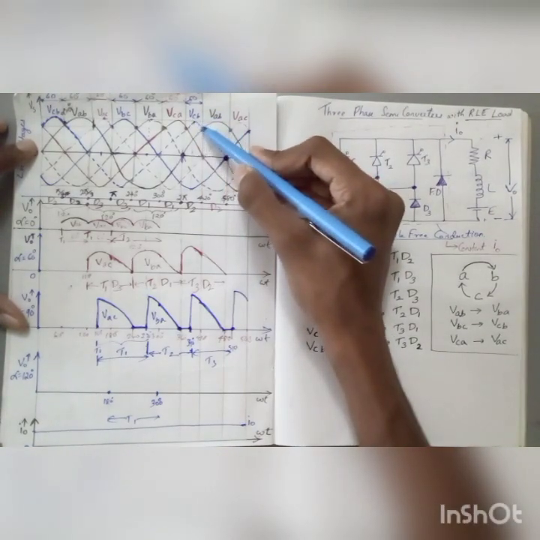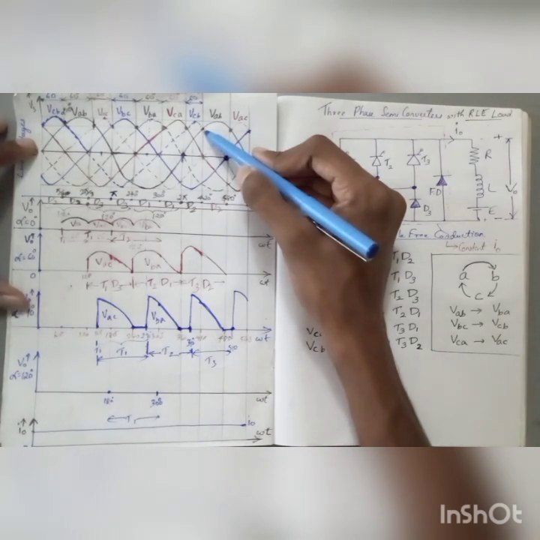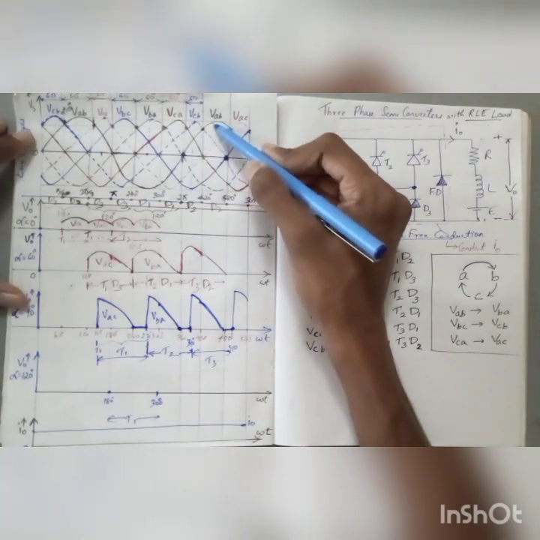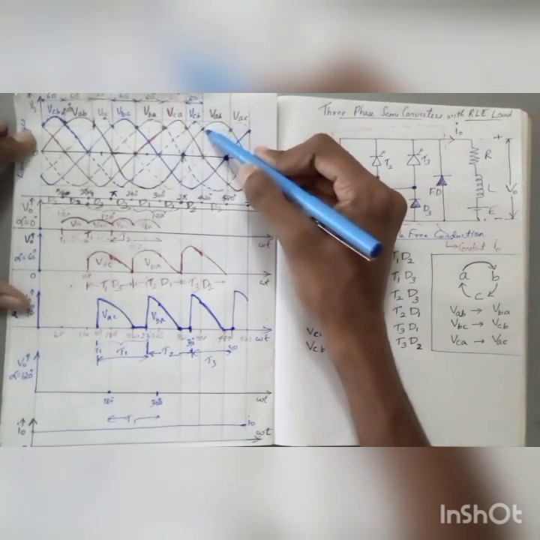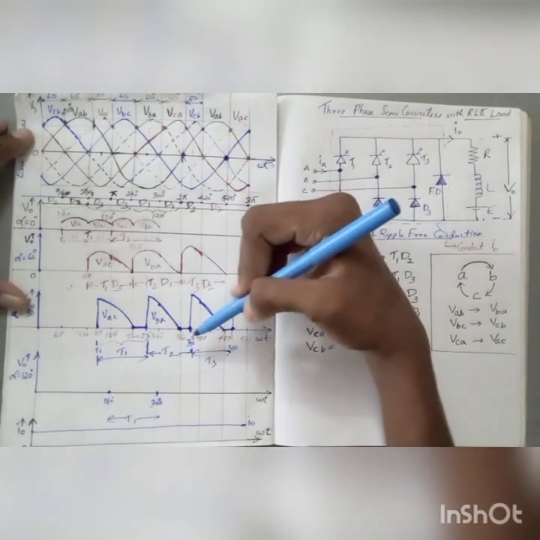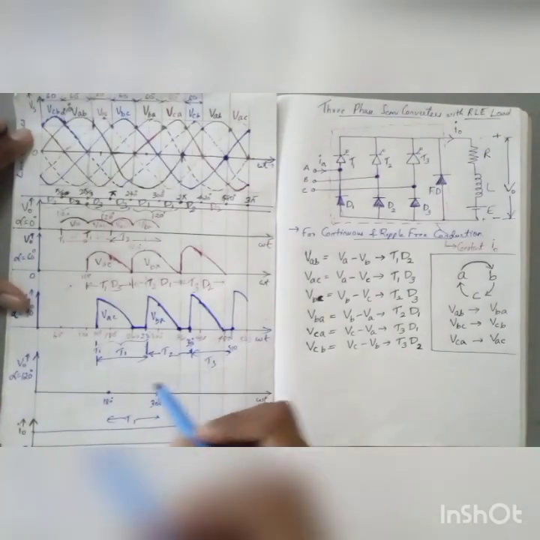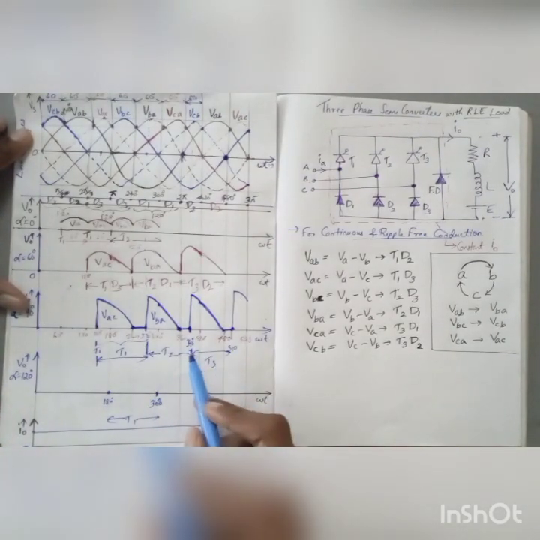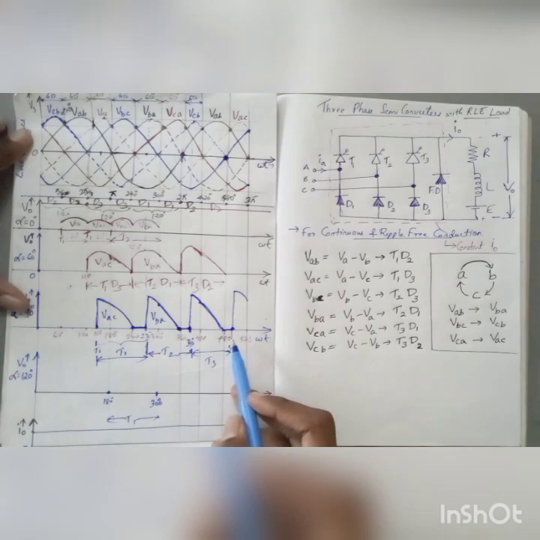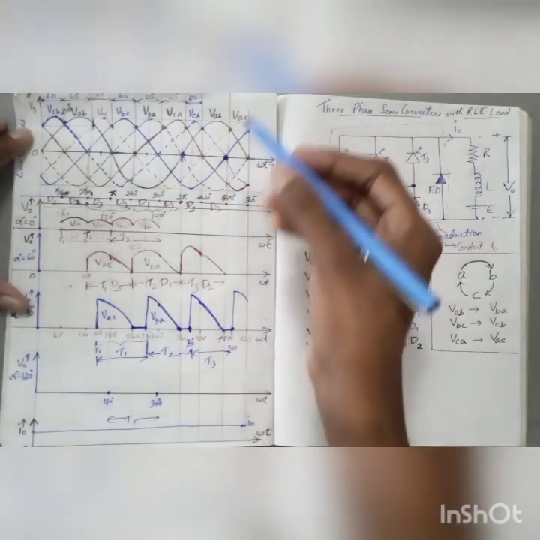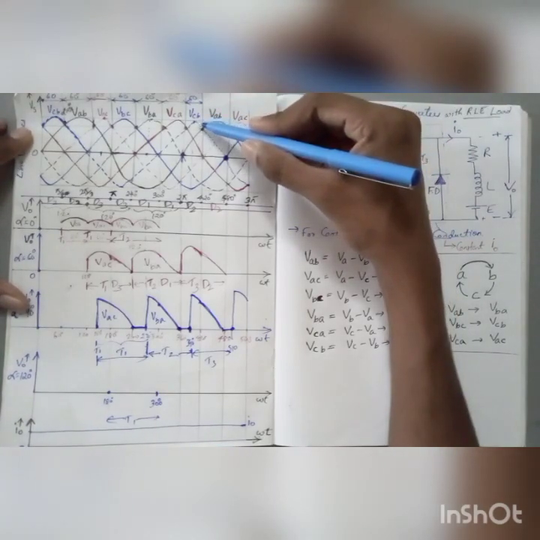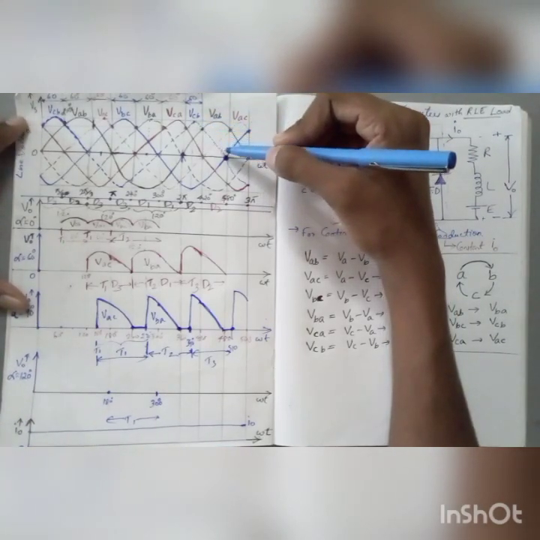VCB will appear up to 480 degrees. Beyond that, VAB has become greater than VCB, but T3 has just started conduction and will continue for 120 degrees. From 390, 120 degrees of conduction by T3 means 390 plus 120 is 510 degrees. Up to 510 degrees T3 has to conduct. So VCB will be appearing across V naught till 480 degrees.